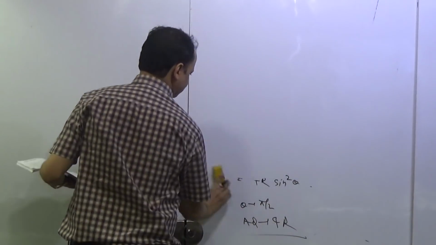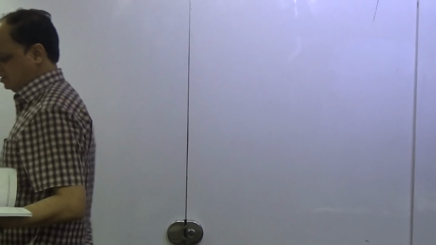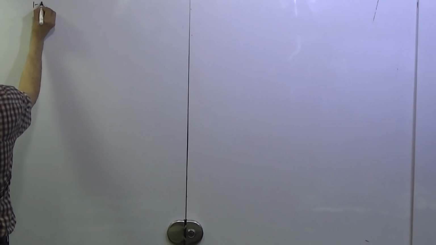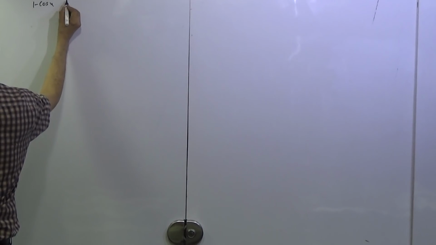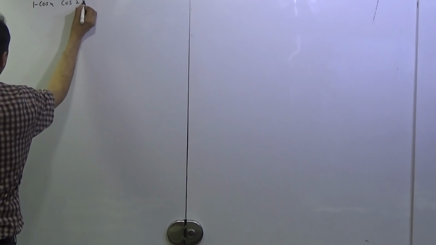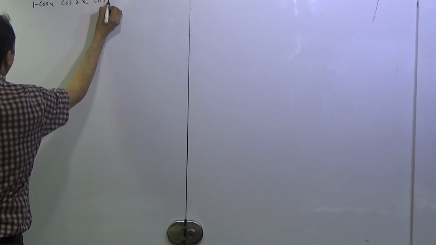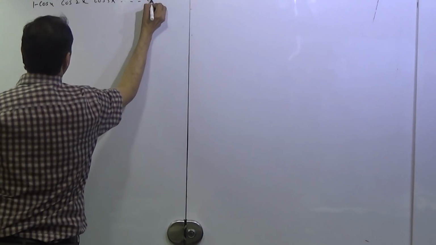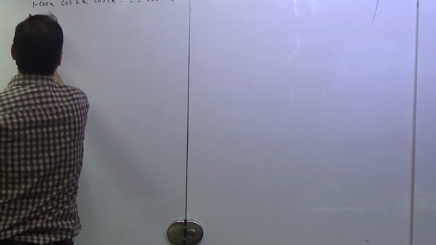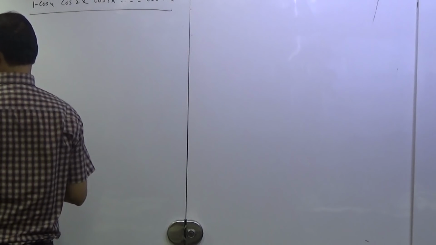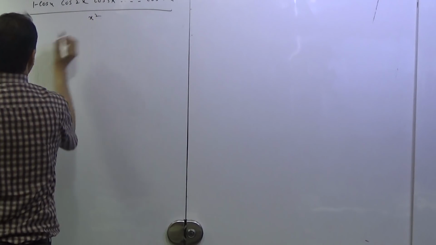One of our faculty has given a very good solution for this. I will write the same problem: limit of 1 minus cos x into cos 2x cos 3x up to cos nx, divided by x square.